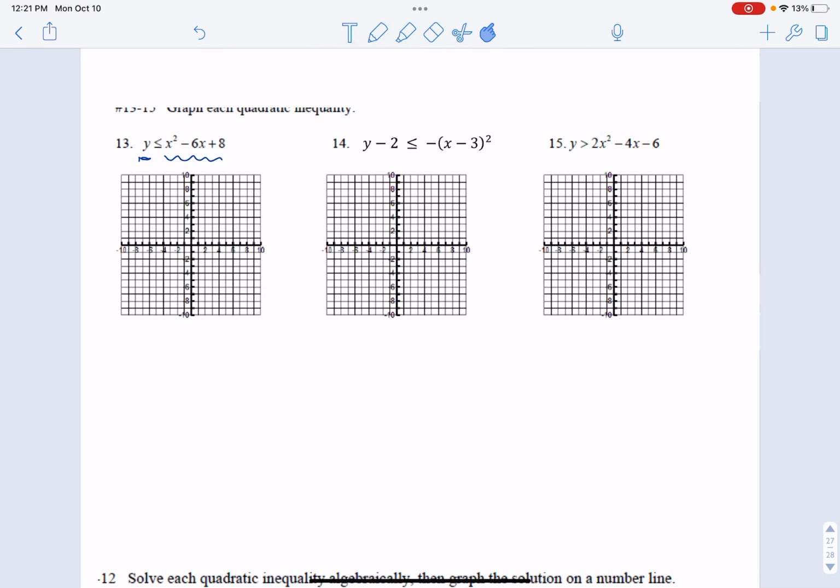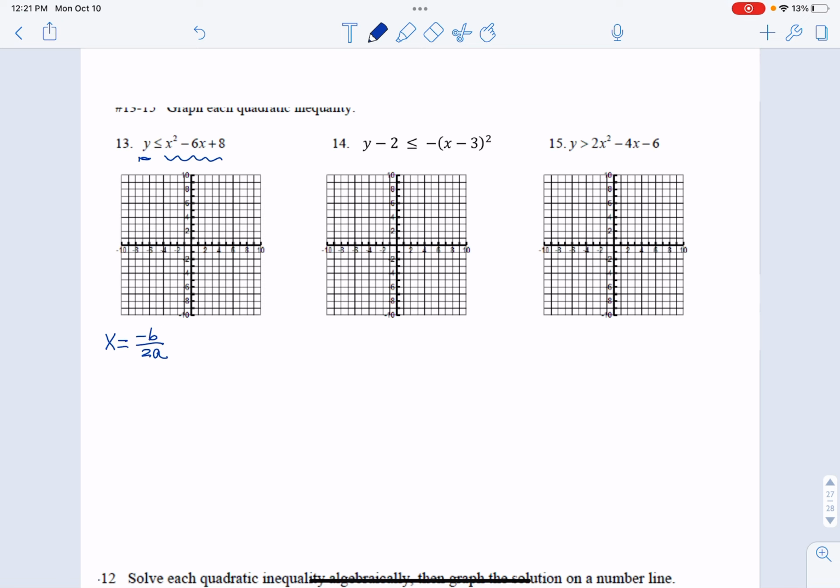First, we have y is less than or equal to x squared minus 6x plus 8. This time, since this is given in standard form, I will use the axis of symmetry formula, which is x equal to negative b over 2a.